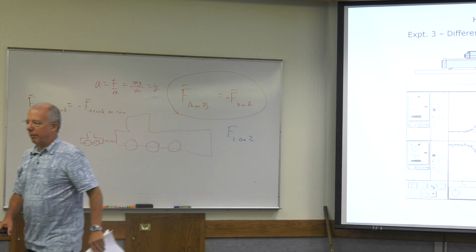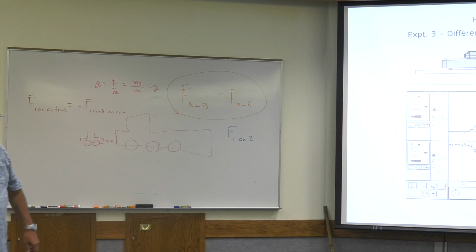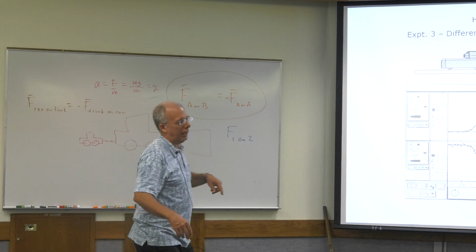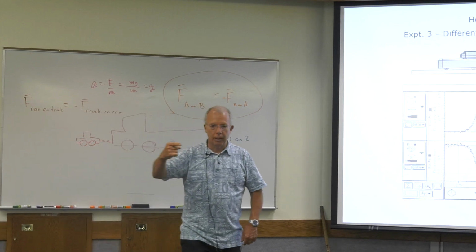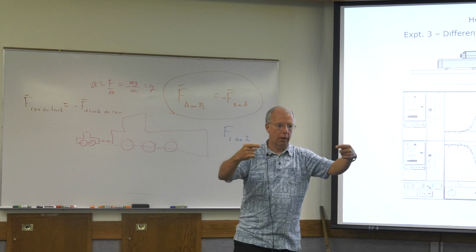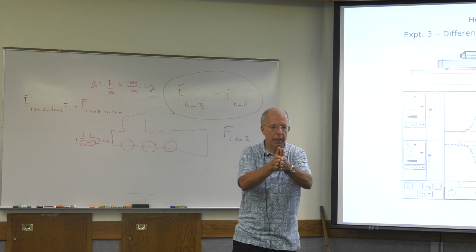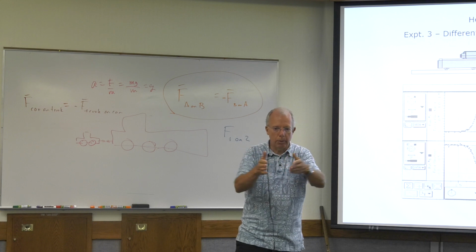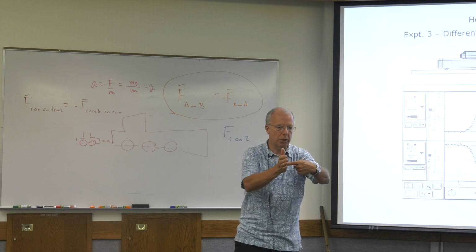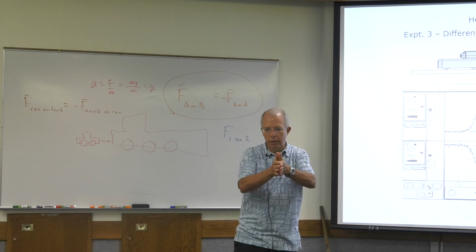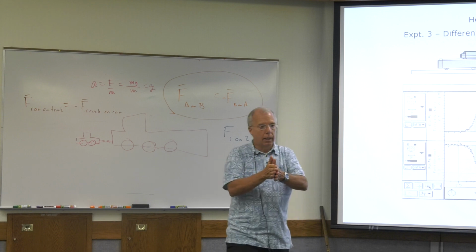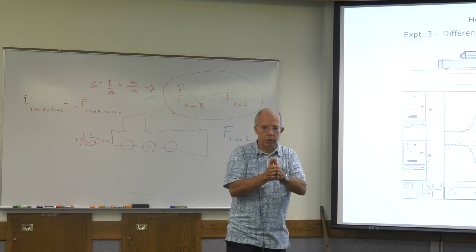But I think it's a little bit surprising. Let's say we have a big giant truck moving along, and a mosquito moving along. There's only one interaction, when the poor mosquito gets wiped out by the windshield of the truck. Bang. But what does Newton's third law say?